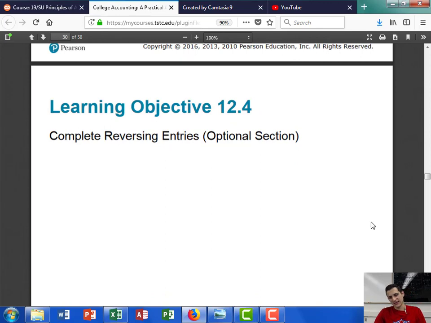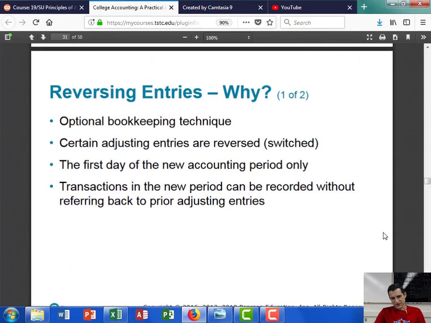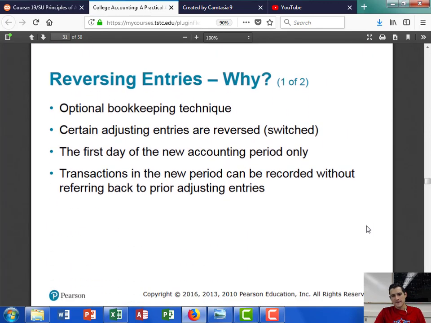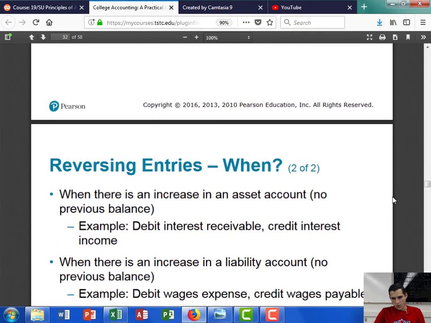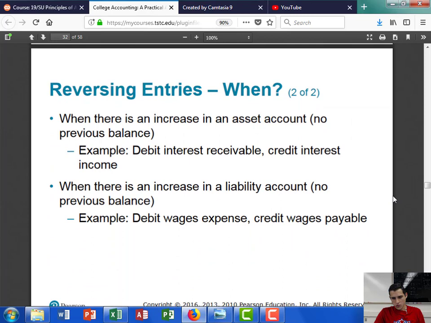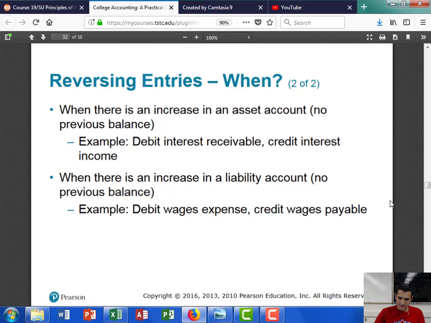Now, reversing entries, I don't think I need to get into that. Reversing entries only deal with when you made an error, I believe. I think it's only when you made an error. Increase in liability, whatever way you discuss.